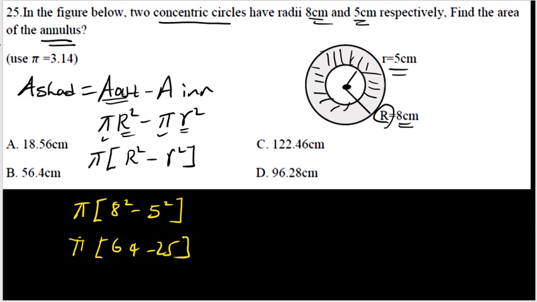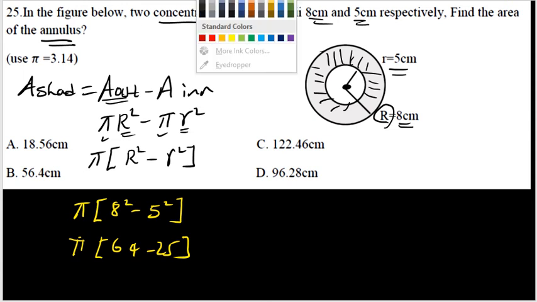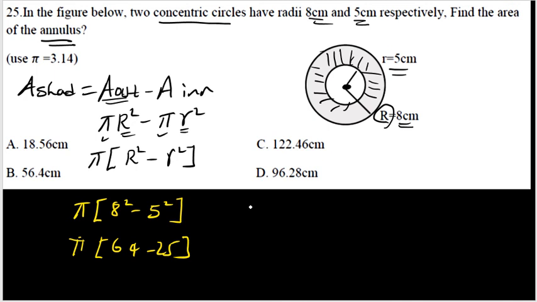But the question says use pi. Pi value is 3.14. So it's going to be pi times 39. But the pi value is 3.14.